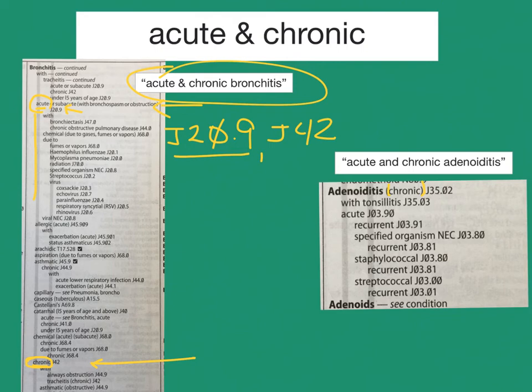So in this case, chronic is not a subterm, it's a non-essential modifier, and acute is a subterm. When this is the case, you always choose the one that's the subterm. So in this case, for the acute and chronic adenoiditis, we would just choose the acute code, J03.90.